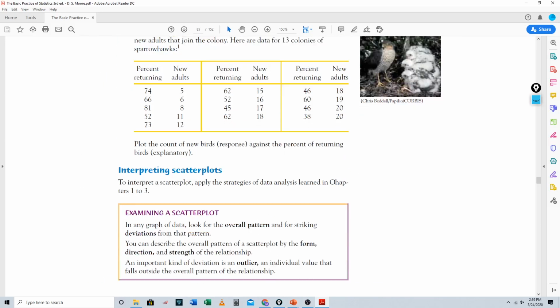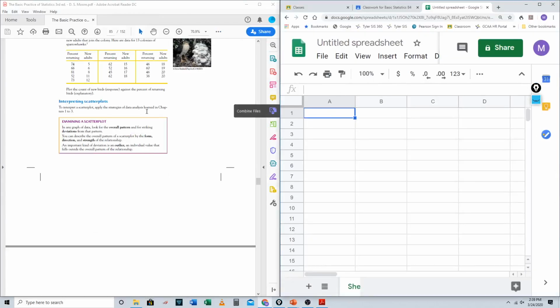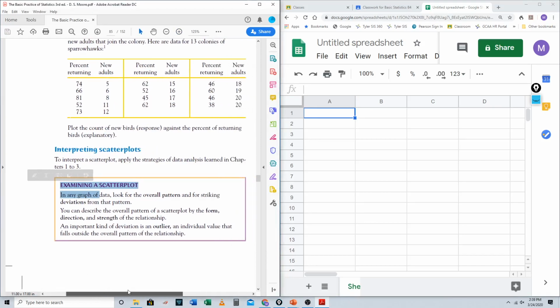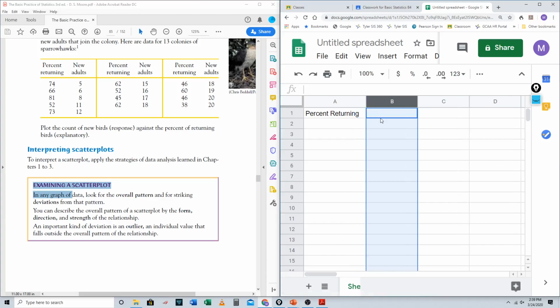So here's the data. I'm going to put this in Google Sheets, not Excel. Zoom in a bit so I can see it. So percent returning, and we have new adults.